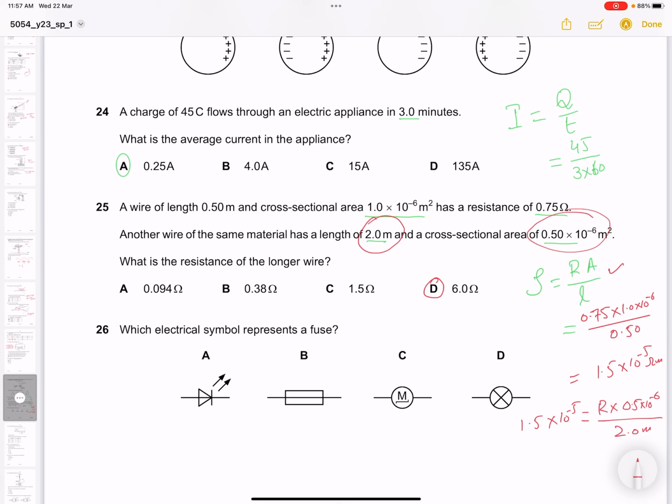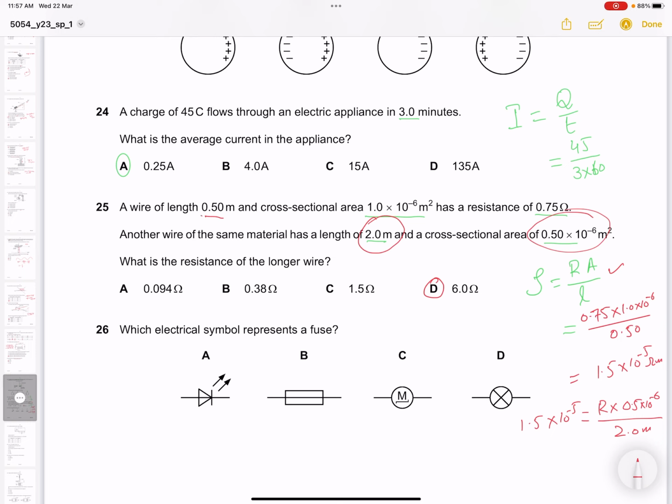As I told you, another method of solving this question is using the concept of resistance. We know that resistance is directly proportional to the length, and it is inversely proportional to cross-sectional area.